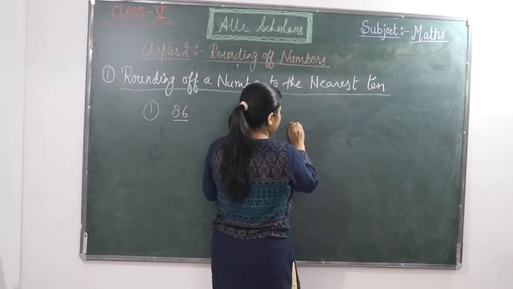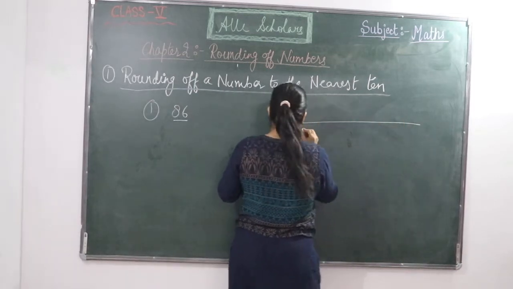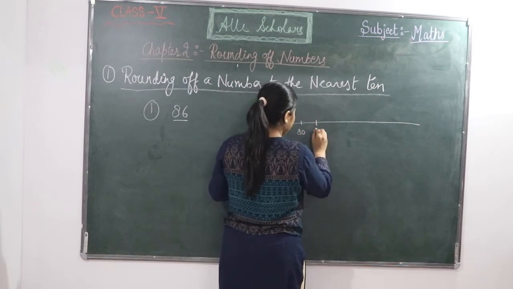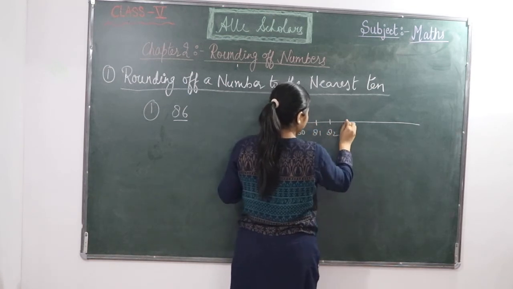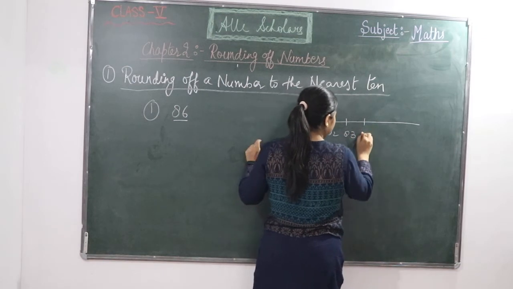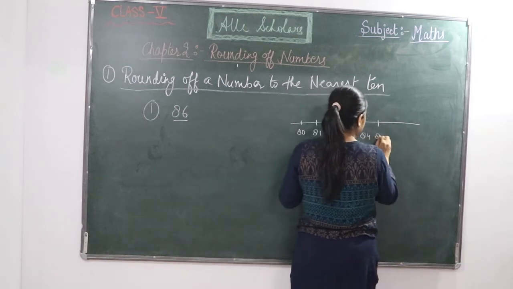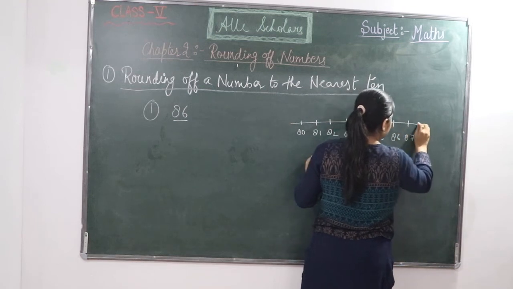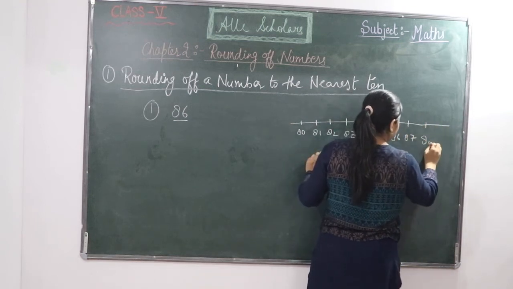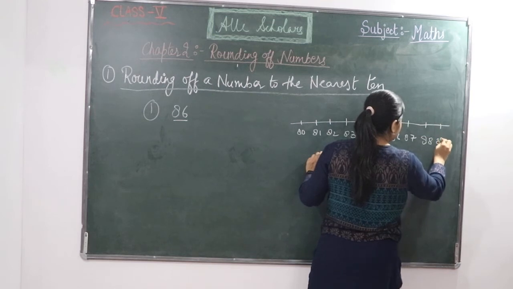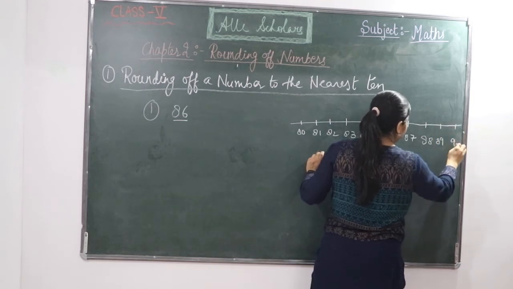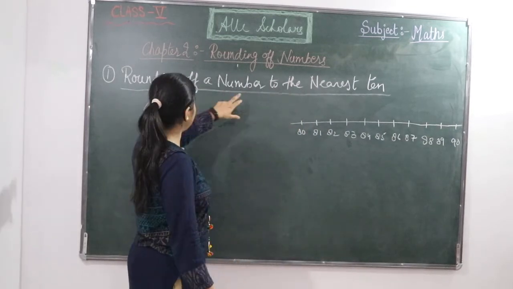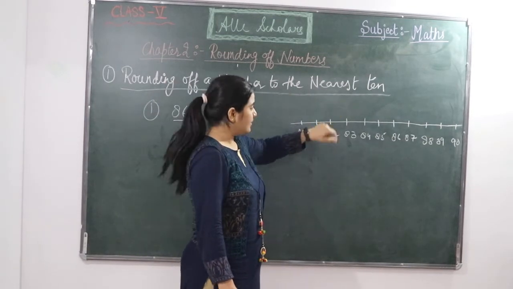On a scale, let's make 80, 81, 82, 83, 84, 85, 86, 87, 88, 89 and 90. Here we have to round it off to the nearest 10.